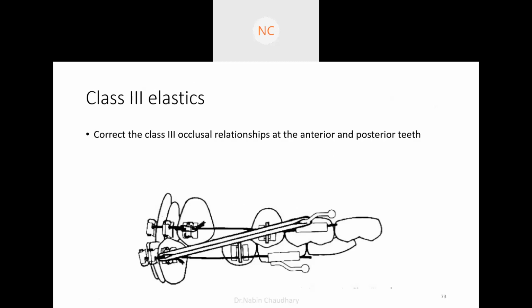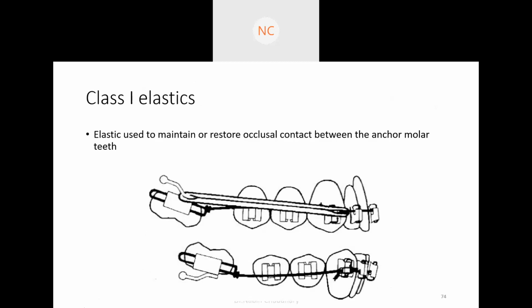Similarly, in case of class 3 occlusion, class 3 elastics are used from the upper molar to the lower canine bracket. And in stage 1, canine class 1 brackets can also be used when it is required to maintain or restore the occlusal contact between the anchor molar teeth.